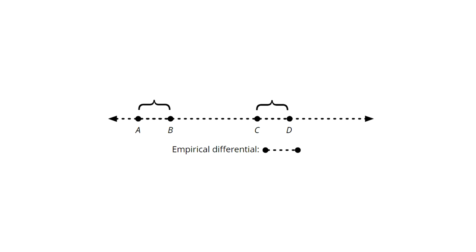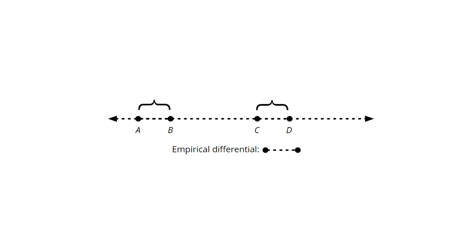Let's say on one day, in the morning and evening, we had values of A and B, and let's say on another day we had values of C and D on the Celsius scale. Well, in this case, the difference between A and B and the difference between C and D are exactly the same. They refer to an equality of intervals.